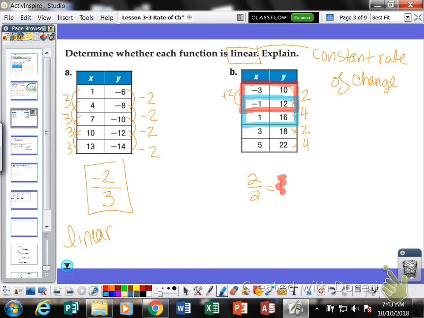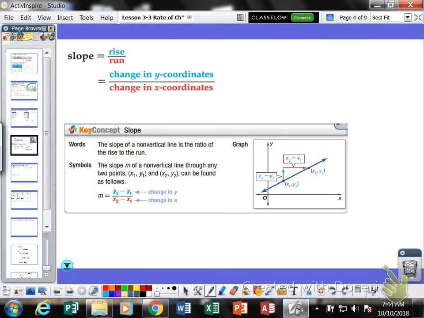So the change for these two, if you can see, was 4 over, and then what's the change from negative 1 to 1 is 2. And then I get a 2. So that change, this blue change, which I didn't highlight, sorry about that, this blue change right here, this 2, they are not the same. So therefore, because these are not equal, this is not linear. So you have to have a constant rate of change. All right, slope is rise over run, which is the change in y over the change in x.